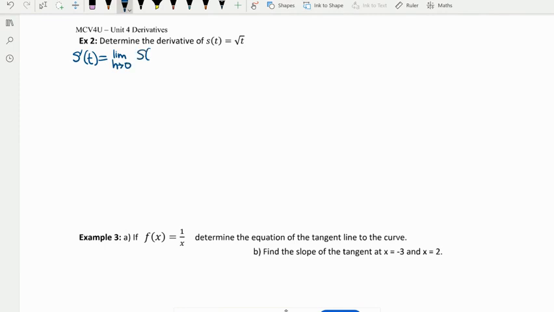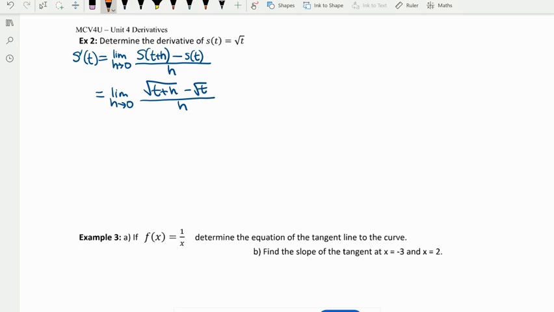So s of t plus h minus s of t over h. And if I fill in the function instead of t, the limit as h approaches 0 of square root of t plus h minus square root of t over h.